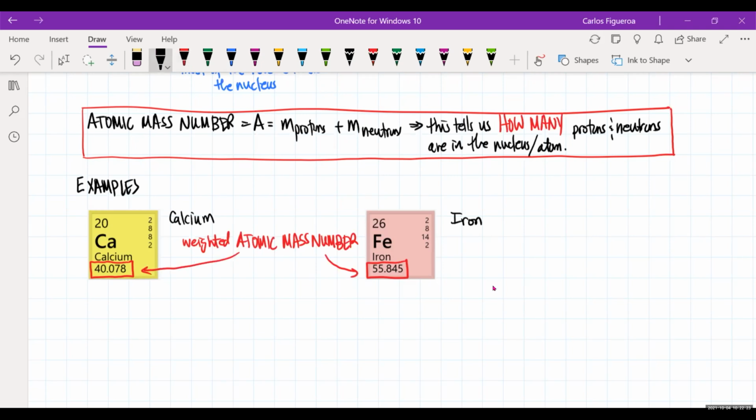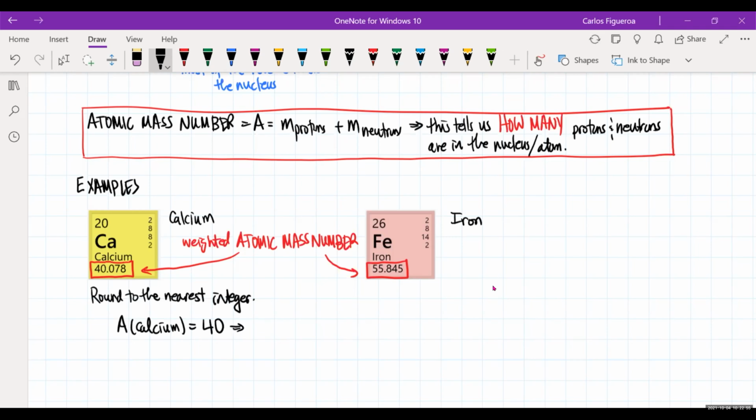So what we do here is we round to the nearest integer. What do I mean by that? When you look at calcium, you can see that it's closer to 40 than it is to 41. So when I look at its atomic mass for calcium, that number is 40.